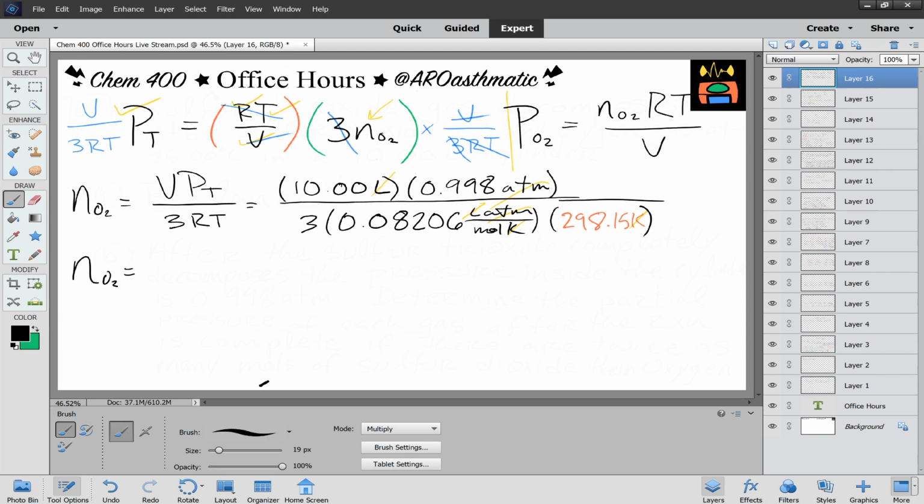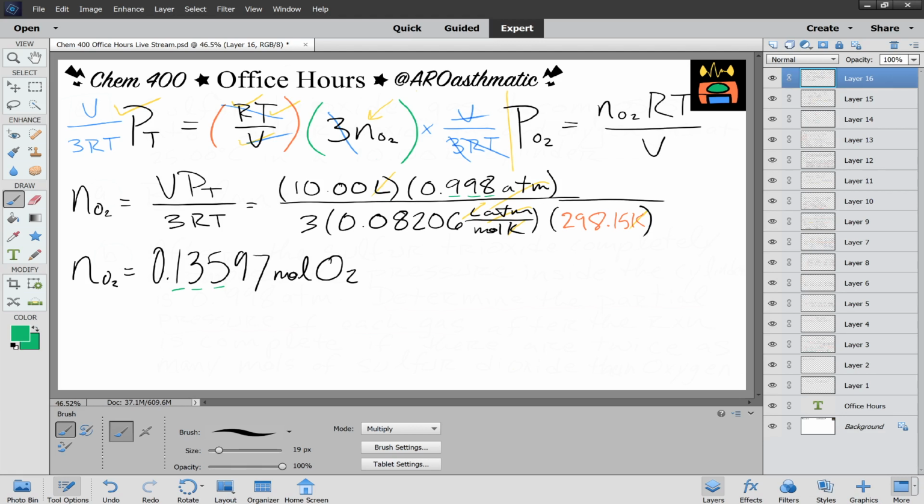All right, this gives us 0.13597 moles of oxygen. When you look at the number of sig figs we can keep, we can hang on to 3 because our total pressure has 3 significant figures. So our value for moles only has 3 sig figs.